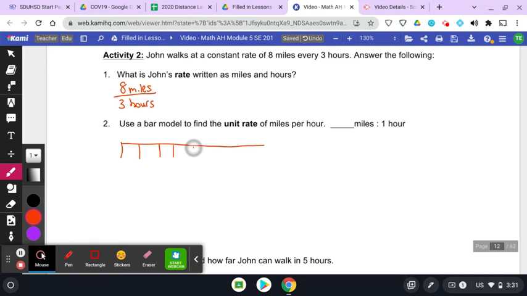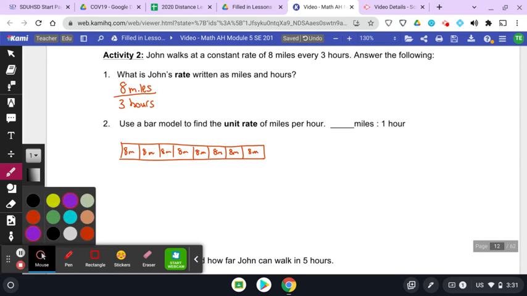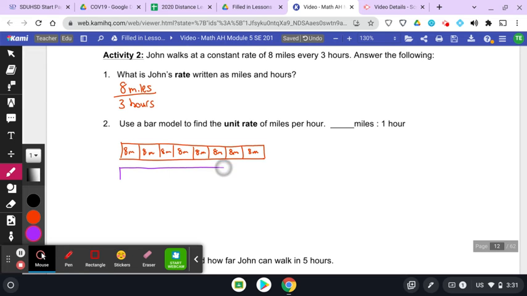One, 2, 3, 4, 5, 6, 7, 8. And we did that in 3 hours.